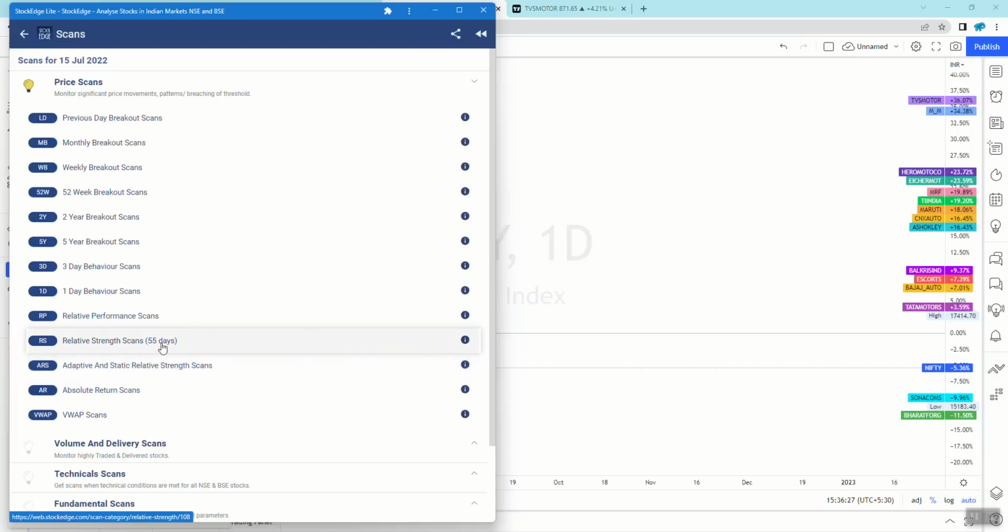We will talk about how to combine these relative performance scans in a next session, and whenever I find some time, I'll try to put up videos on how to create combination scans. If you want a combination scan on Stockedge, you may need a paid subscription. Otherwise you can only look into the individual scans.